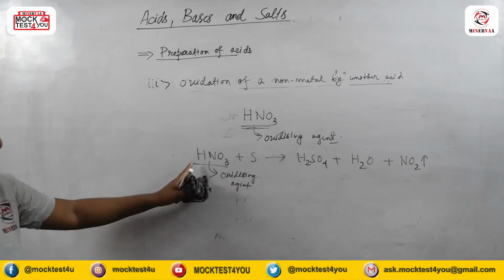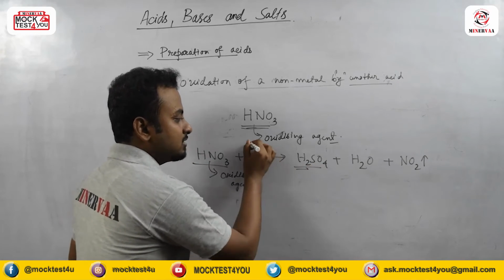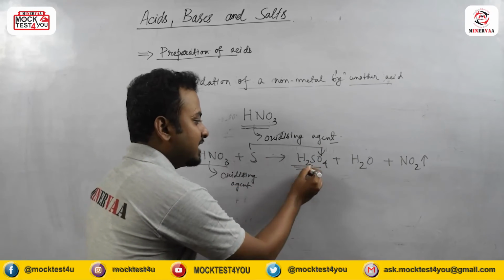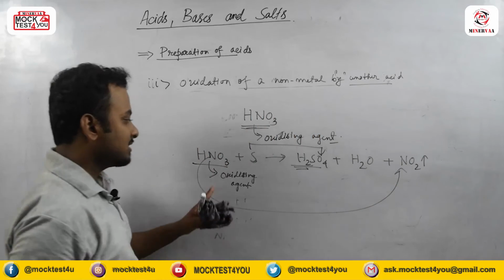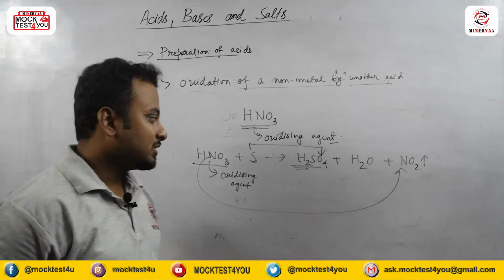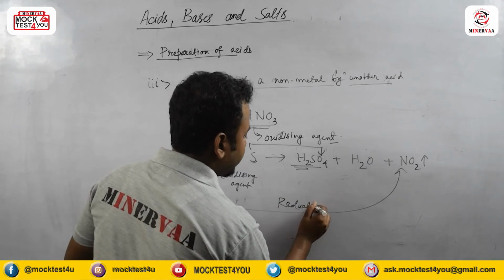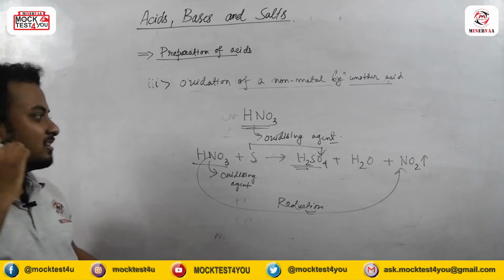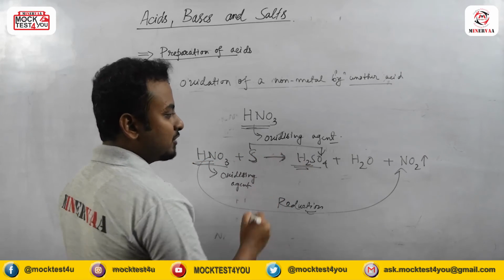This HNO3 is oxidizing S to H2SO4 because O is added, so this is oxidation. But it itself gets reduced to NO2 because there are 3 O here but 1 O is removed. So this is reduction, removal of oxygen. This is an oxidation-reduction reaction where HNO3 is oxidizing sulfur to sulfuric acid.